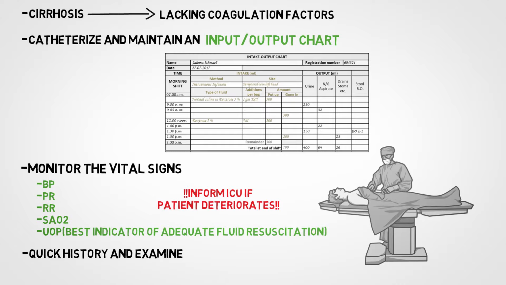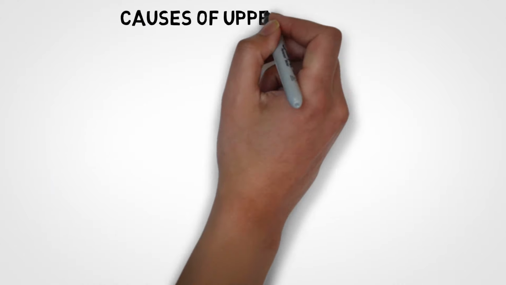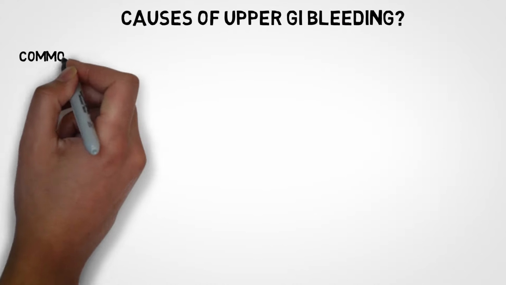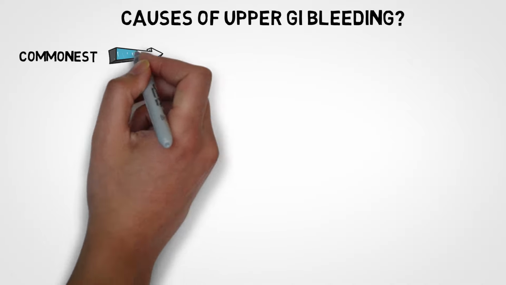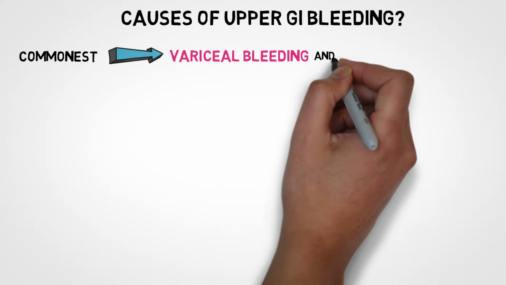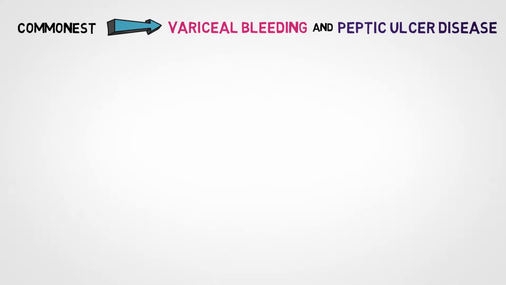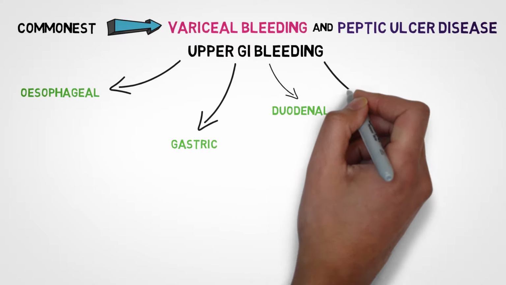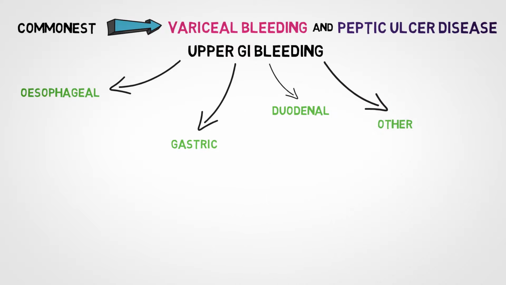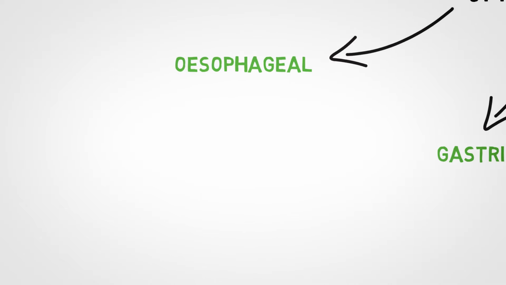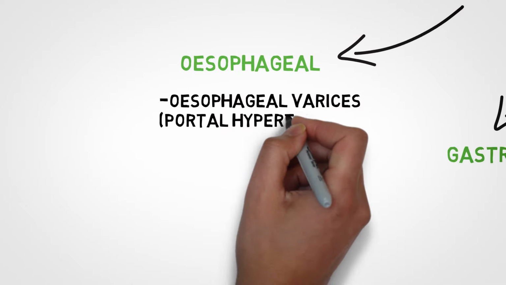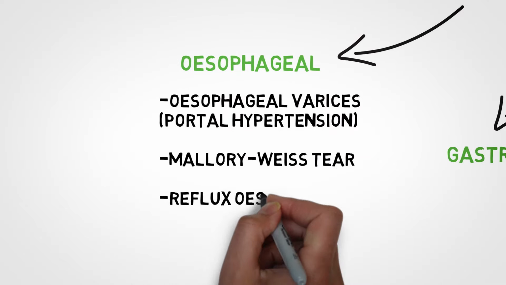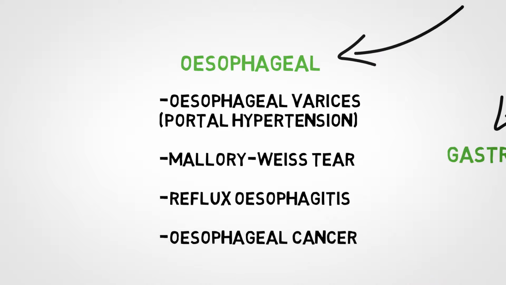So what are the causes of upper GI bleeding? Two of the most common causes are variceal bleeding and peptic ulcer disease, which we will discuss in detail today. We can categorize the causes of upper GI bleeding into esophageal causes, gastric causes, duodenal causes, and other causes. The esophageal causes are esophageal varices, Mallory-Weiss tear, reflux esophagitis, and esophageal cancer.